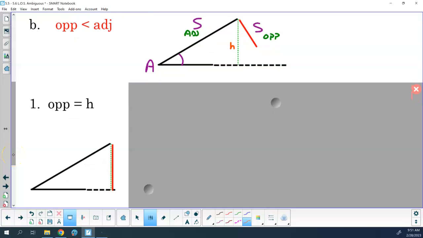Possibility number one says that the opposite side, so again, to bring you up to speed, here is my A, here is my S, here is my S, this is my adjacent side, this is my opposite side, and this is the height.